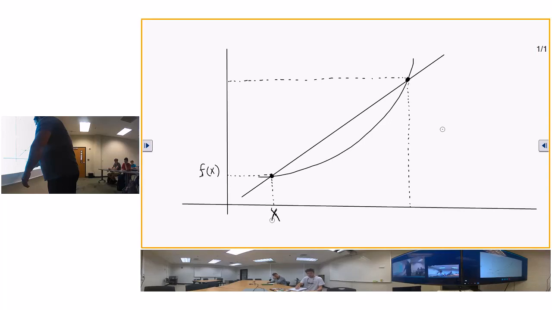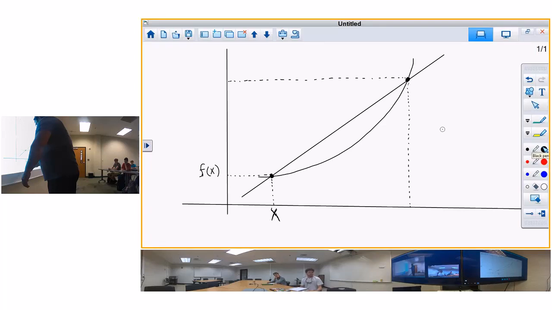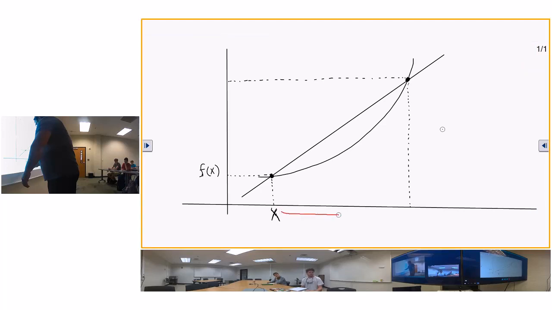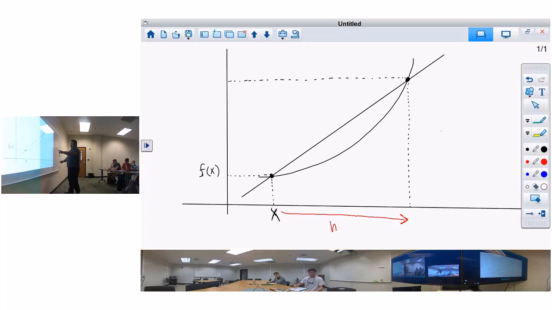I'm going to draw a line right here in red, and I'm going to put h. You could put d if you wanted to for distance, but we're going to use h. So this x is not x, it's x plus h.